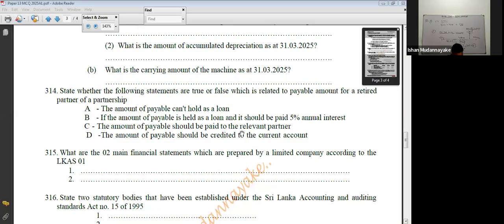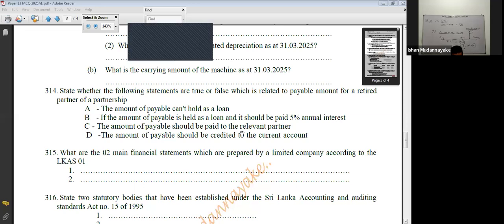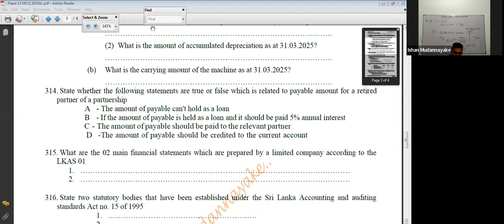Next one, D: the amount payable should be credited to the current account. True or false? False. The amount payable should be transferred to the loan account. The total amount is transferred to the capital account.